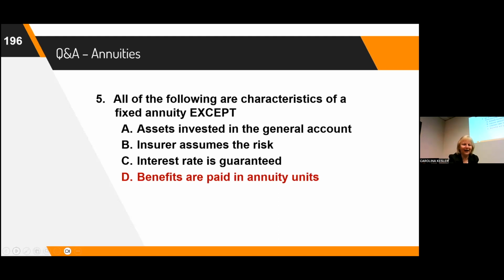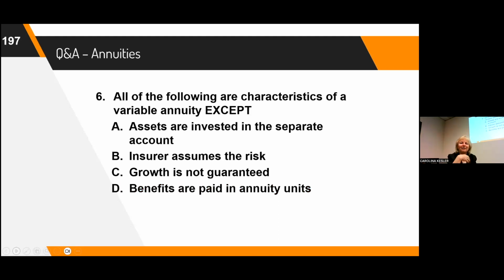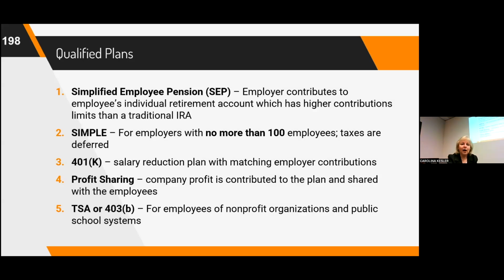All right. All the following are characteristics of a variable annuity, except: B, the insurer assumes the investment risk. That's not true. SEPs, these things. You can do this as soon as you fully fund your Roth, you can do your SEP or a SIMPLE.